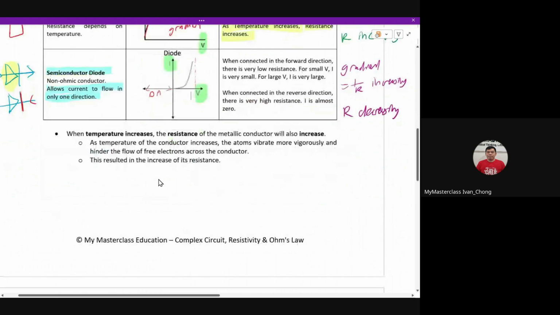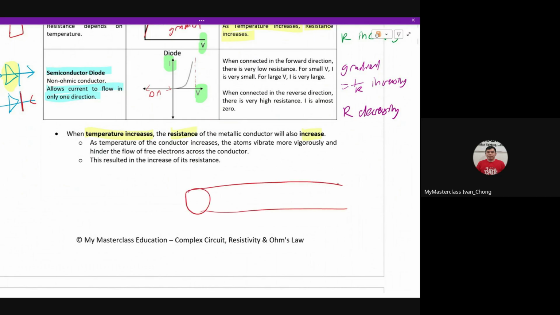Just remember, as temperature increases, resistance also increases. You can imagine it like an obstacle course. Your electrons are trying to travel down the wire, but inside the wire there are all your metal particles.